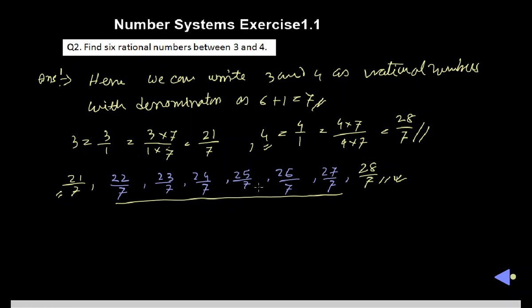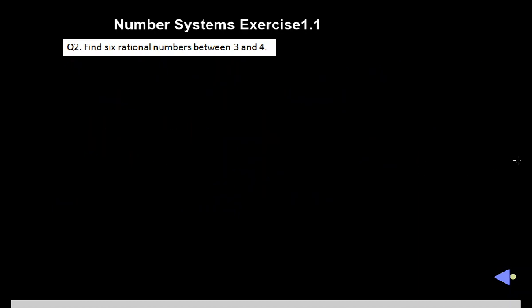Since it is infinite, you can find lots of rational numbers. Okay, so all of them are unique, definitely different. That is also correct. The answer is correct. Okay, so next we should move to our next question.